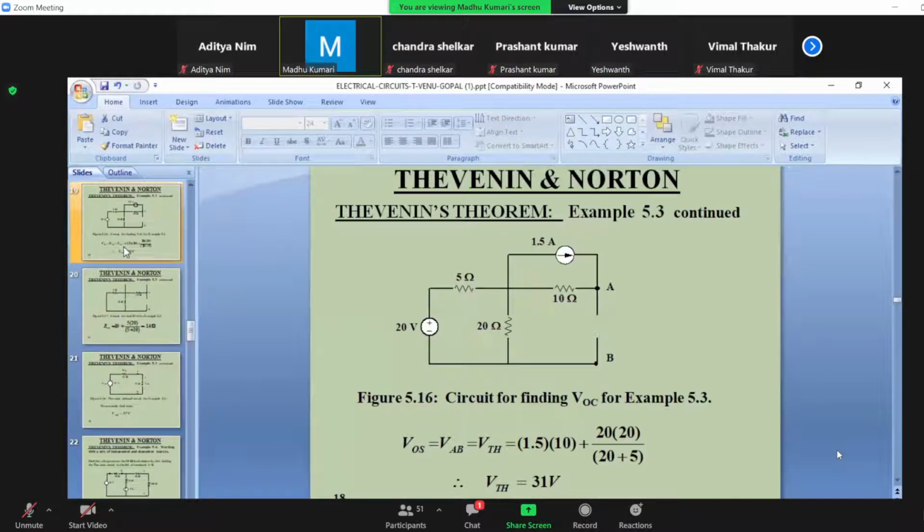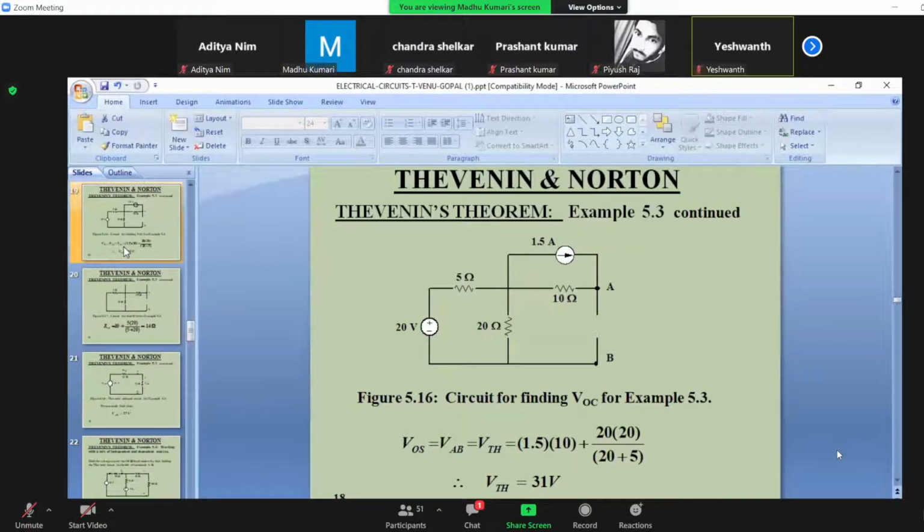No. Here, this slide is showing to you. VThevenin is 31 volt. Okay.